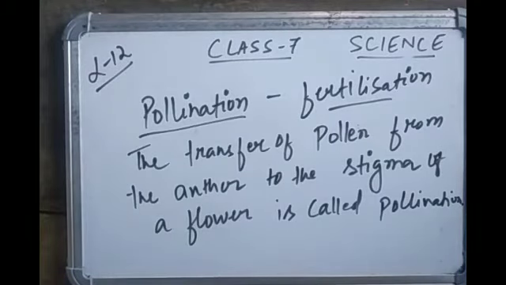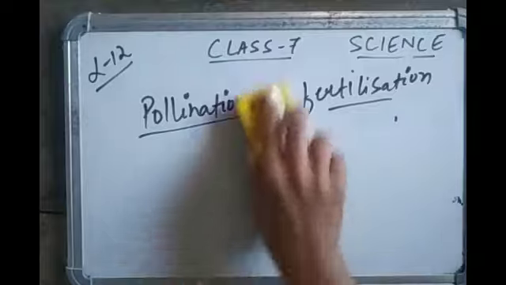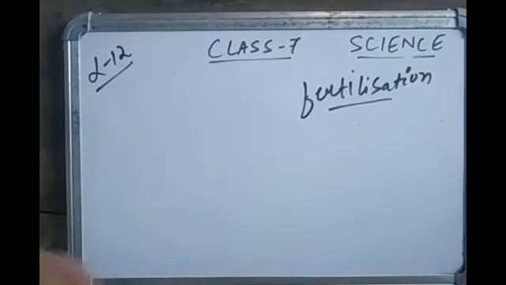The male reproductive part is the stamen, where the anther has pollen grains, and the female reproductive part is the pistil, whose stigma receives them. The transfer of pollen grains from the male reproductive part to the female reproductive part is pollination.